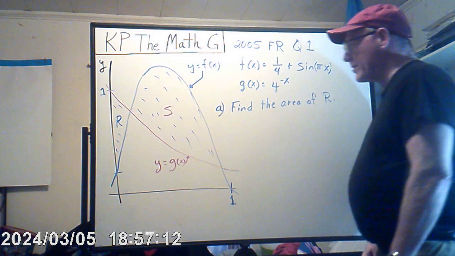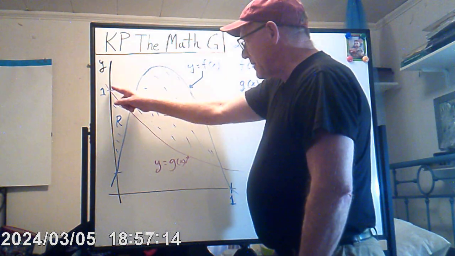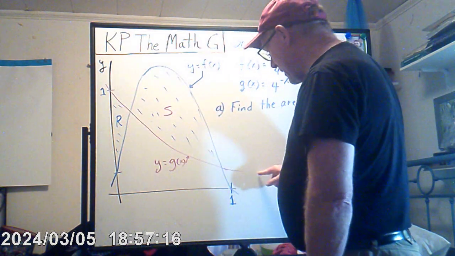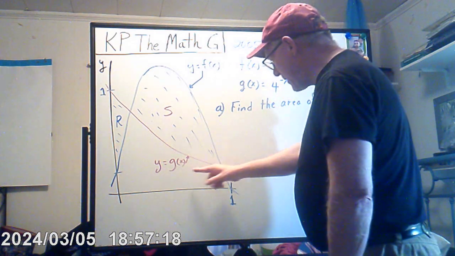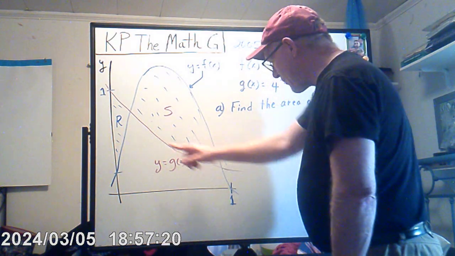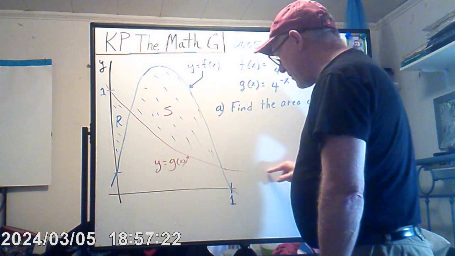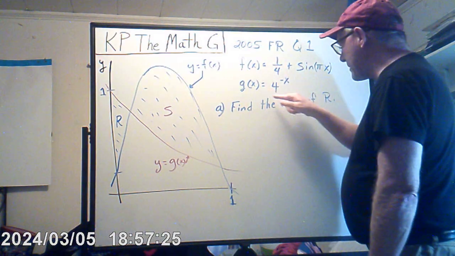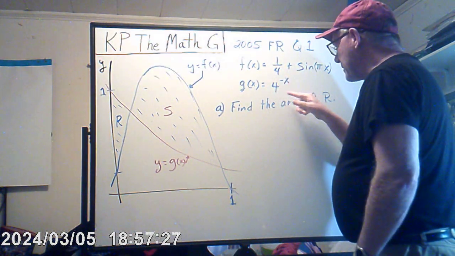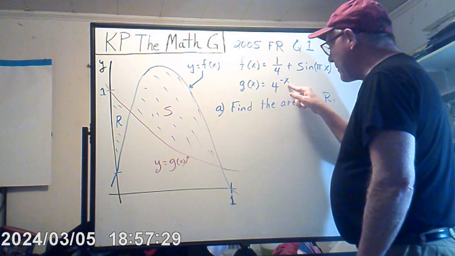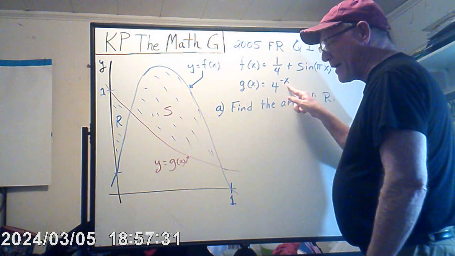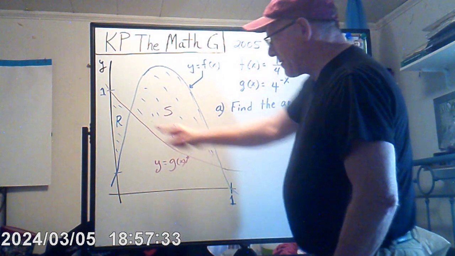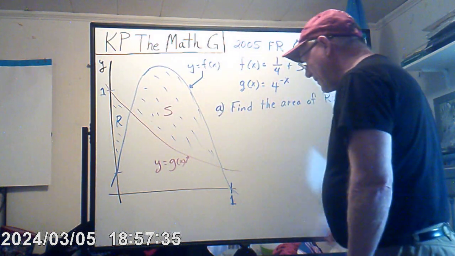Alright, these are the two graphs right here. G is this function here. This happens to be g at x is equal to 4 to the negative x. Anything that has a number bigger than 1 and then a negative exponent is going to take a dive down like this.